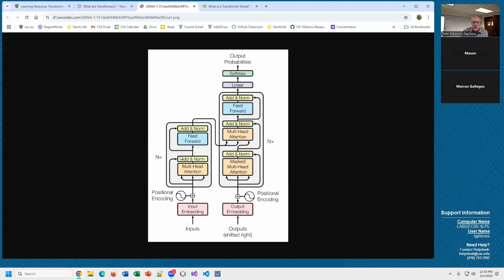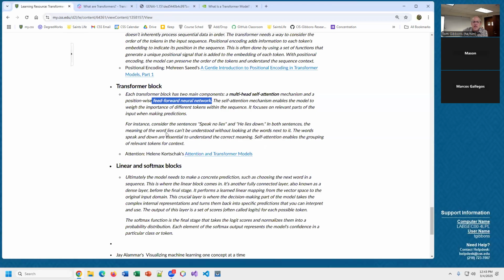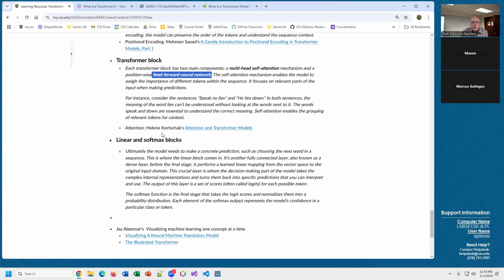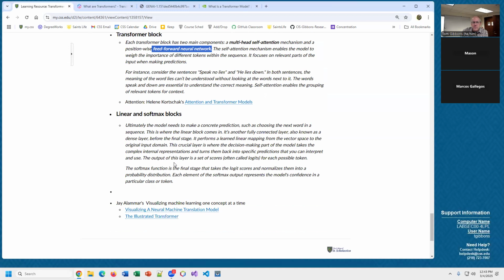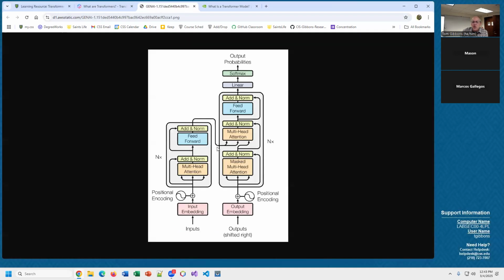Here we have some residual connections around this and some normalization with that. There are some links to some articles here. And again, we finally feed that into, so we do all of our encoding, we do all of our decoding, and then we have a linear layer and a softmax layer at the end for this.